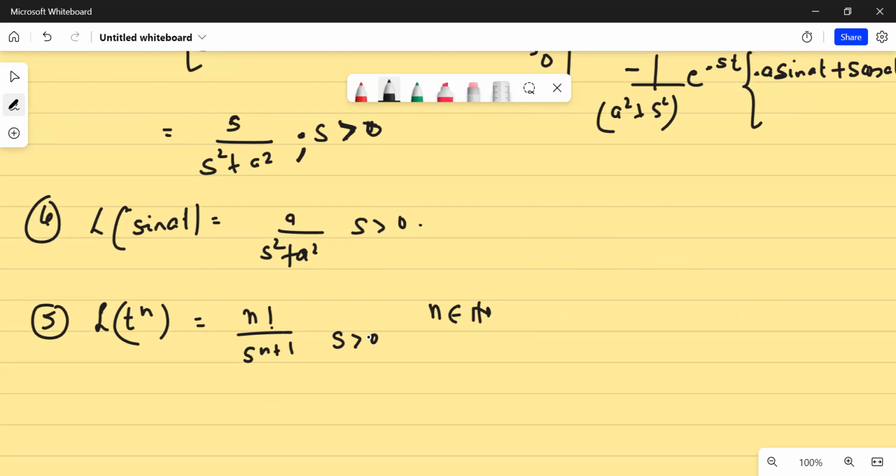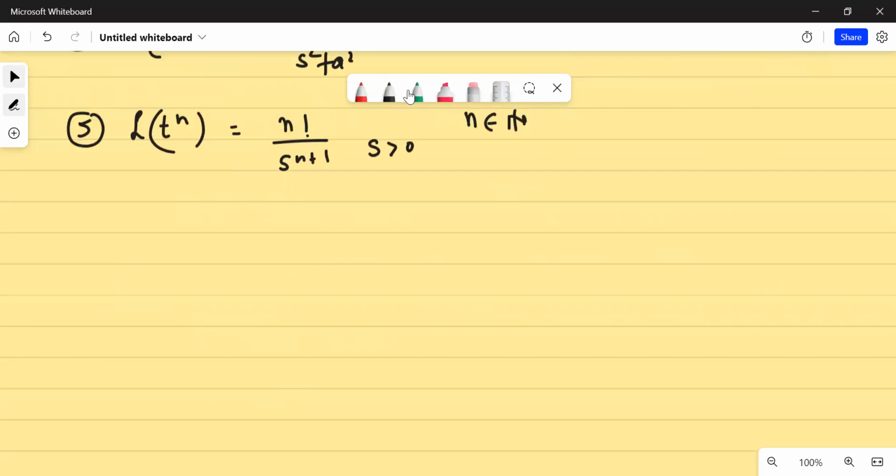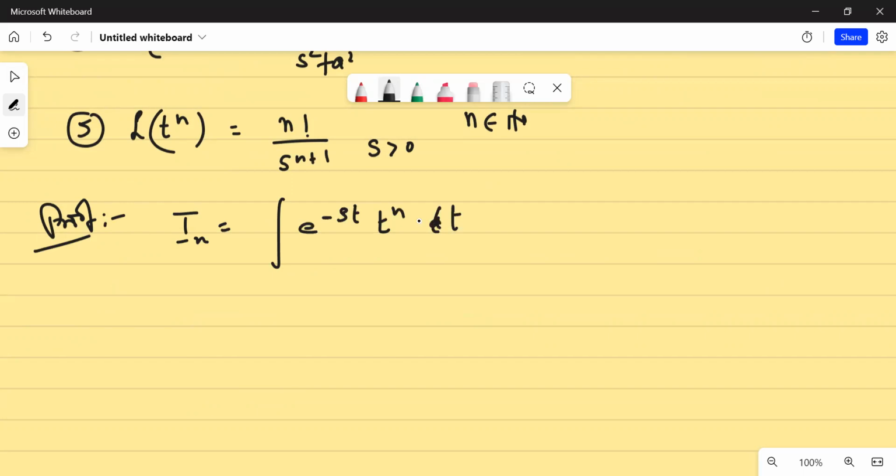Okay, let me derive it so that you understand how the derivation goes. So how to go about it? I'll write this particular integral as I_n, that is, the integral of e to the power minus st times t to the power n dt. Now, you can take one part as the integrable term and the other as the derivative term.